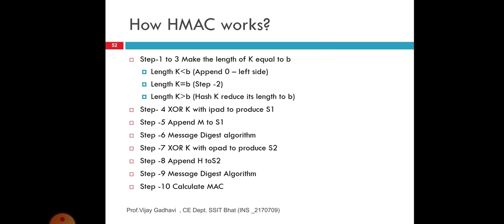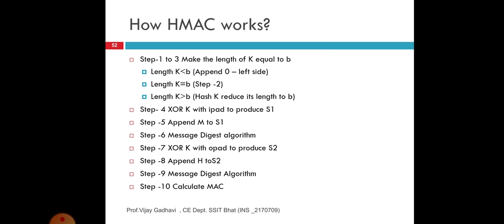Here we see the algorithm and steps of how HMAC works. In steps 1 to 3, it makes the length of K equal to b. K is used for the key and b is a variable, a value of particular information. In the first condition, the length of K is less than b, which means we append 0s on the left side.